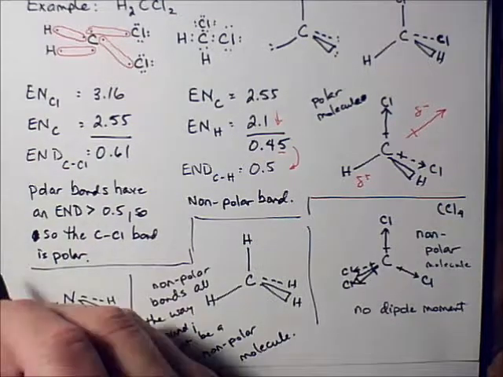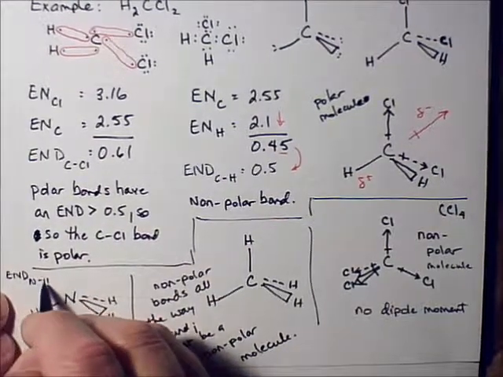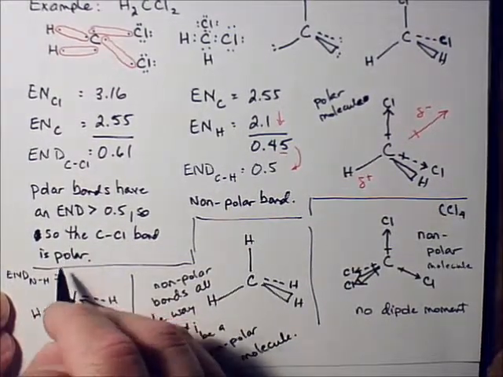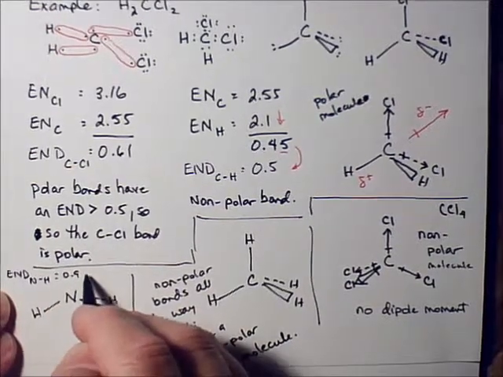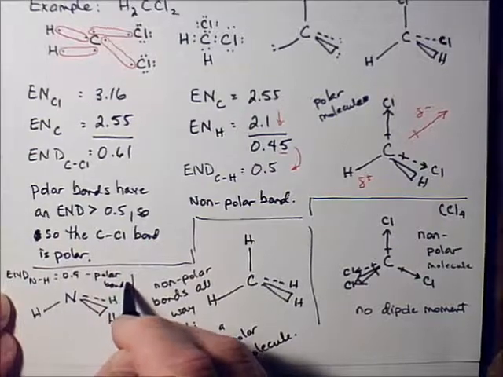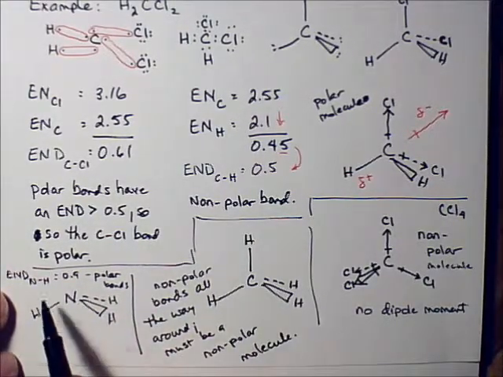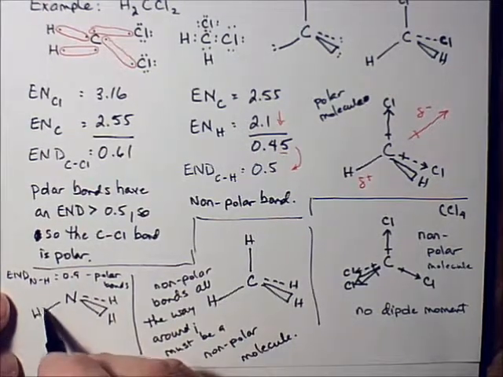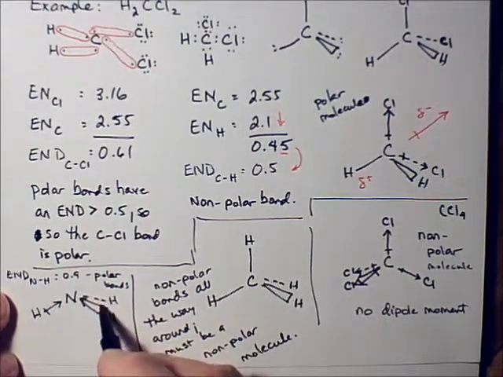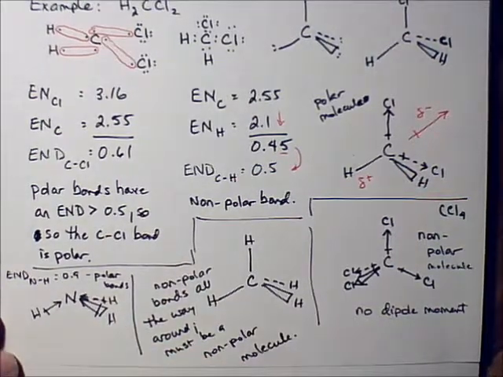So we're going to have a 0.9 electronegativity difference for a nitrogen to hydrogen bond. So that's polar bonds. Okay? Those are polar bonds. Nitrogen is more electronegative. All the arrows are pointing in that direction.